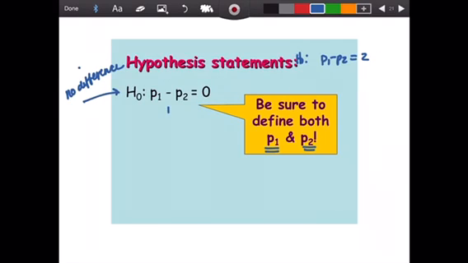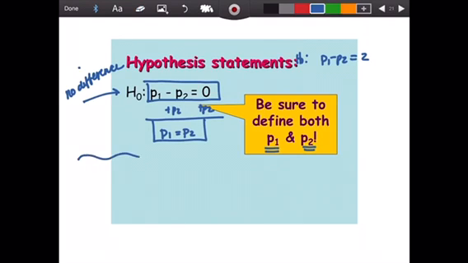Now we could rewrite this. We could also add P2 to both sides. Another way of writing this is where P1 is equal to P2. If there is no difference, then the two proportions are equal. That's our null hypothesis. Our alternative hypothesis is that the difference between the two is positive. It's greater than 0. Or using algebra, that would be P1 is greater than P2.